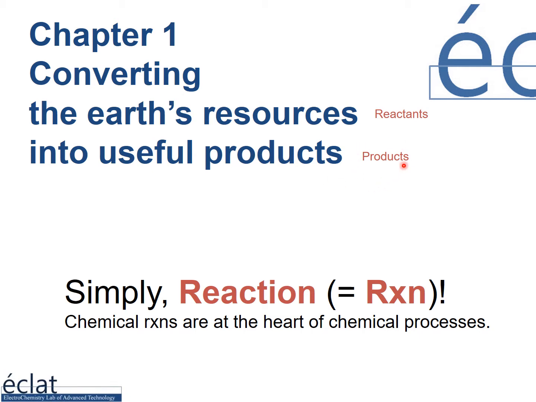So, the process to convert the Earth's resources into useful products could be said to be simply reaction. In these courses, I'd like to use an abbreviation of the reaction like RXN. So, chemical reactions are at the heart of chemical processes.